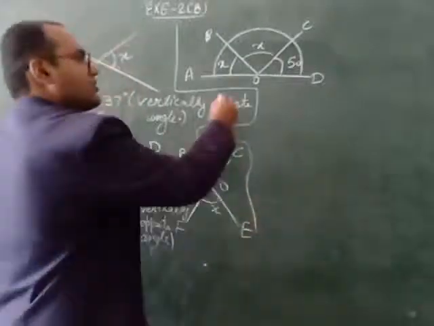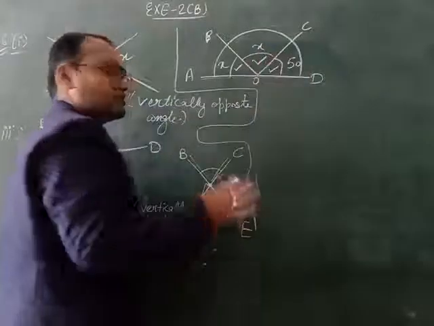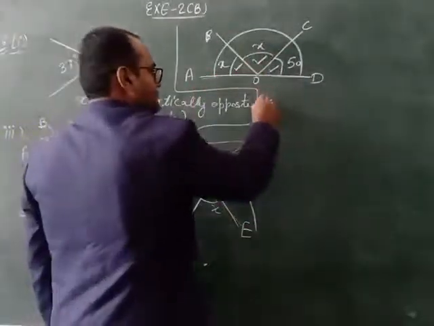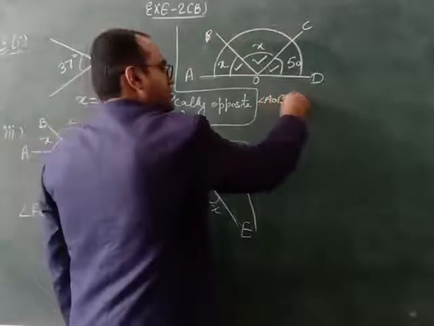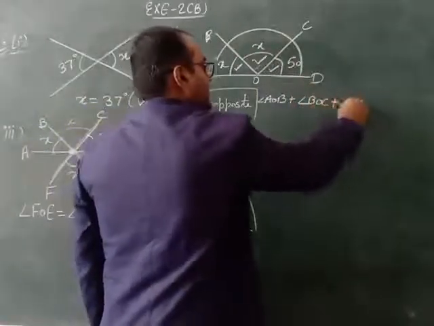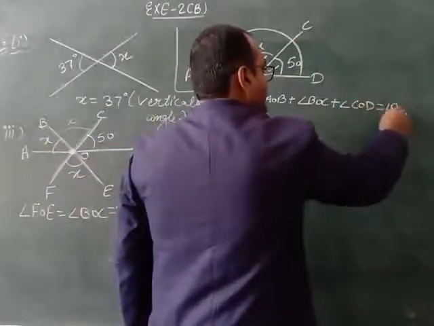So what we have to do? We have to add all the three angles 1, 2 and 3. Angle AOB plus angle BOC plus angle COD is equal to 180 degree.